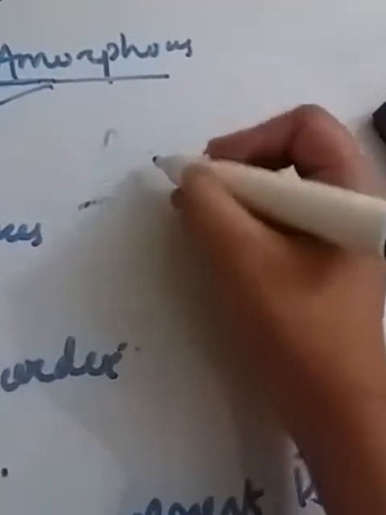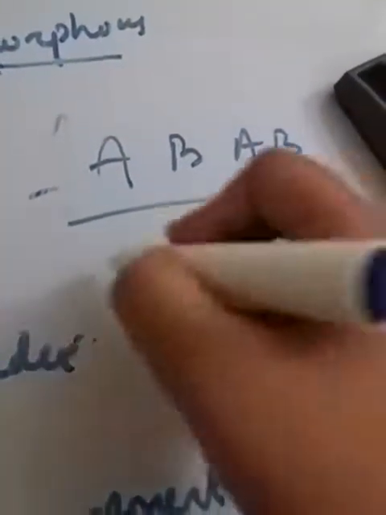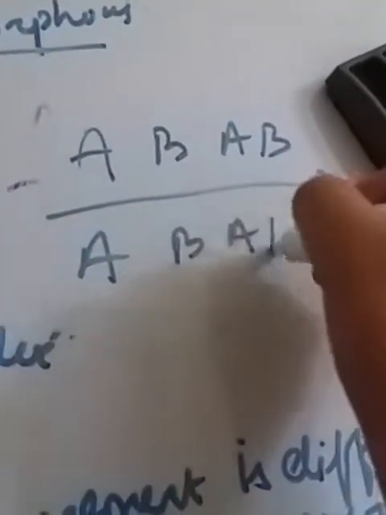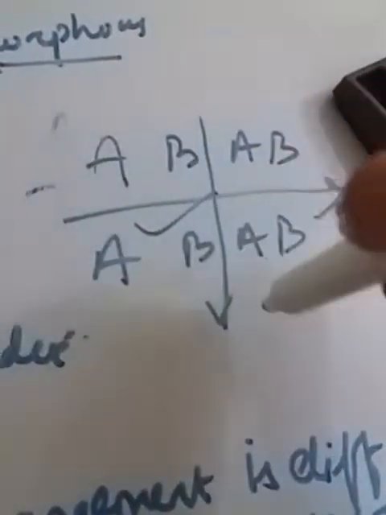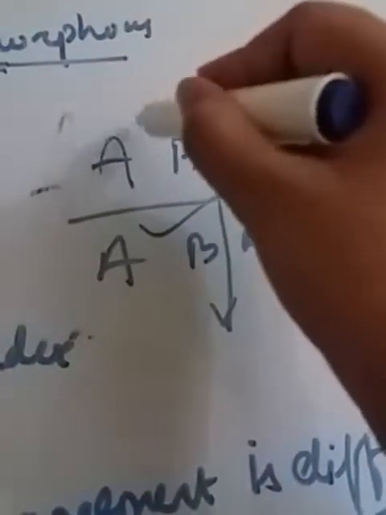But if you get A, B, A, B, suppose when you cut here you also get A, B, A, B, and when you cut here you get A, B, A, B, A, B, A, B. This type of structure is amorphous structure, which is isotropic. Any way you cut, you get the same structure.